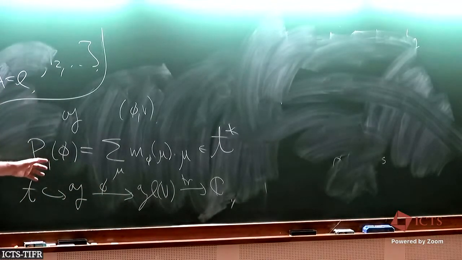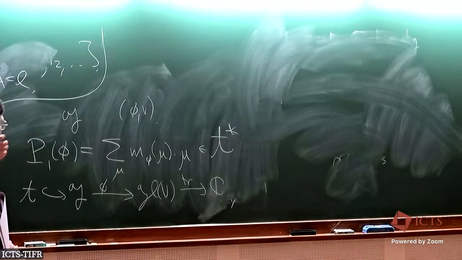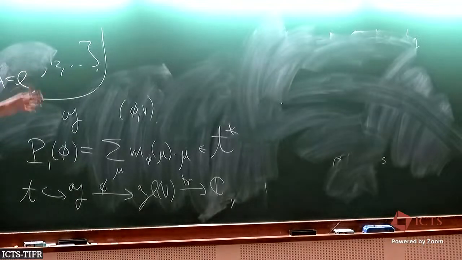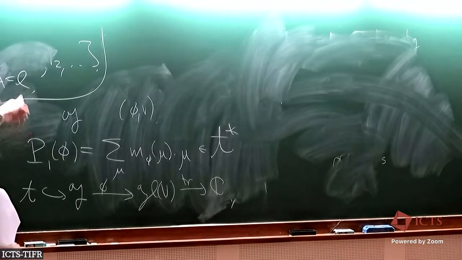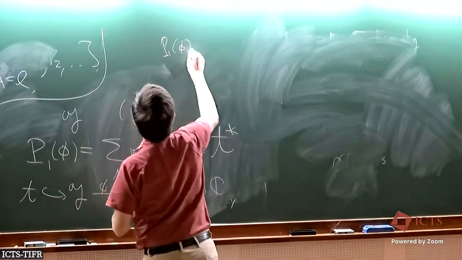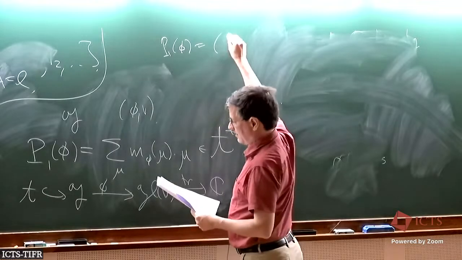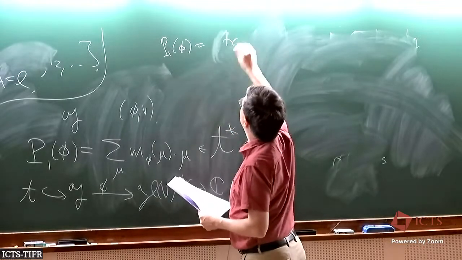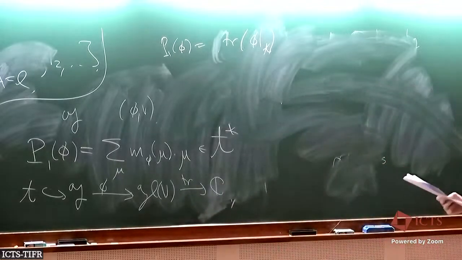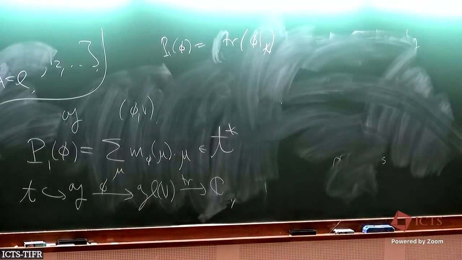When I diagonalize this, I'm getting mu's down the diagonal so many times, and this is asking to sum that diagonal, so it's the trace. So P1 of phi is the trace of phi. In particular, it vanishes whenever G is semi-simple.